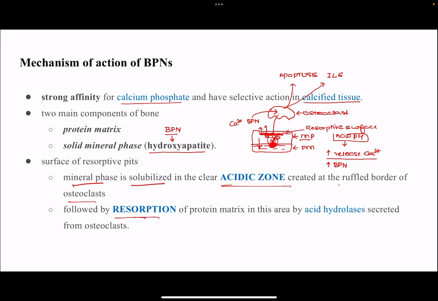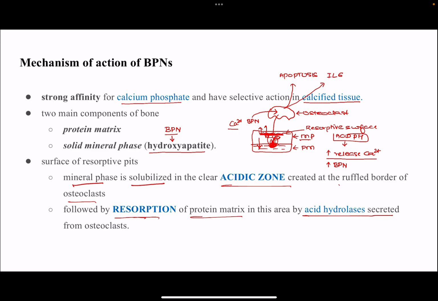There will be resorption of the protein matrix in this area by the acid hydrolases, which are again secreted by the osteoclast. So the osteoclast first attacks the mineral phase, and due to the acidic zone created, it releases the calcium.